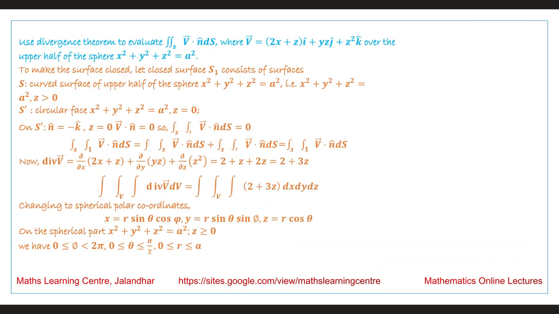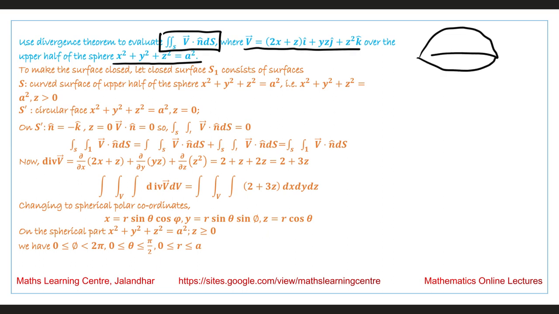Next is: use the divergence theorem to evaluate the integral of v vector dot n cap ds, where v vector is given by this, over the upper half of the sphere x square plus y square plus z square is equal to a square. So the surface that is given to us is the upper half of the sphere.